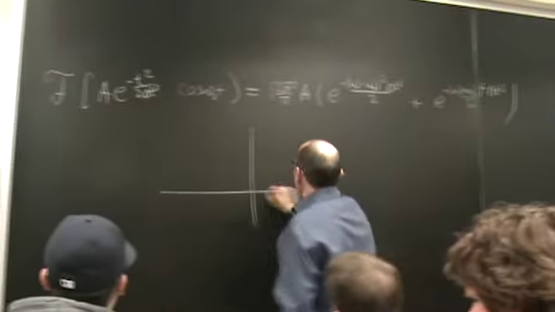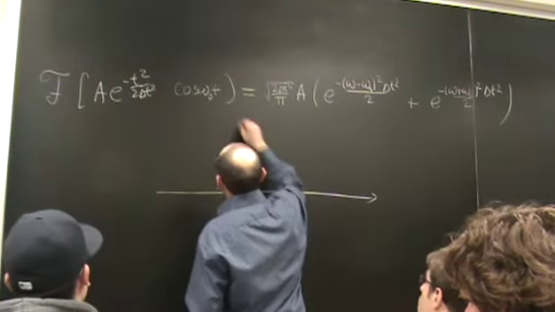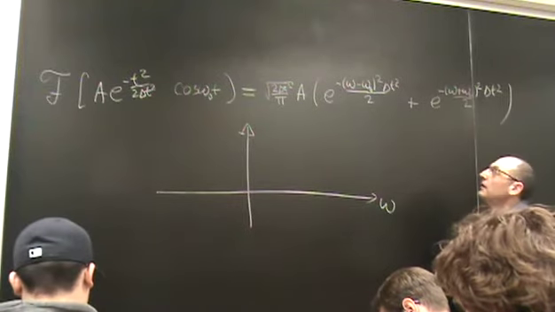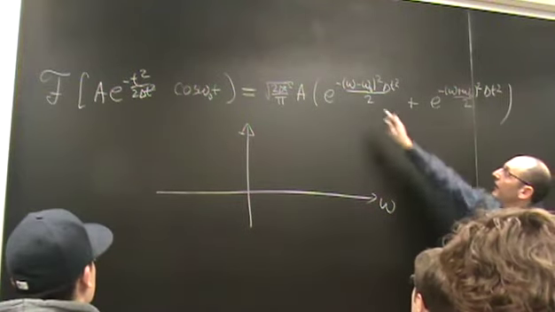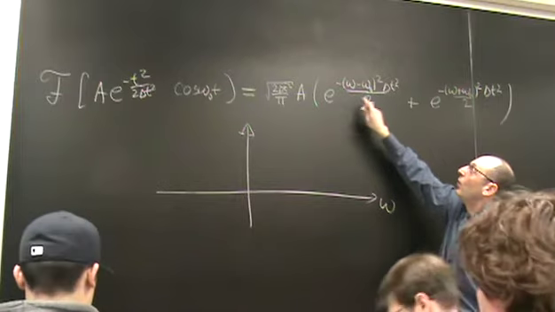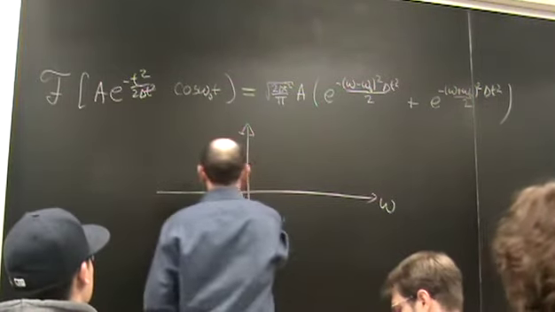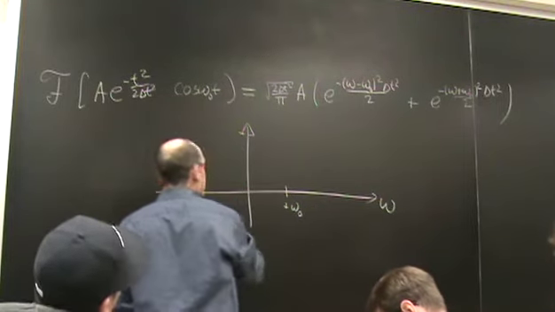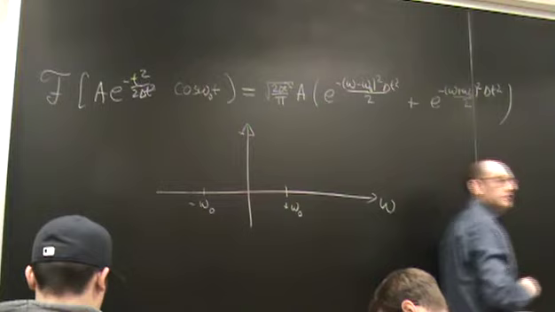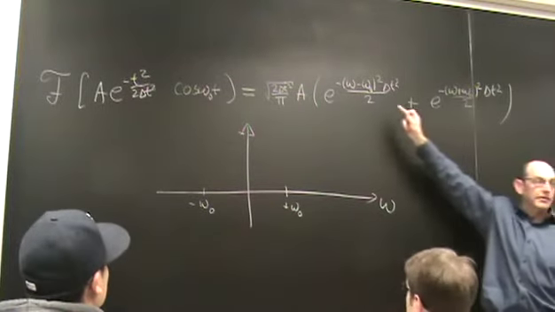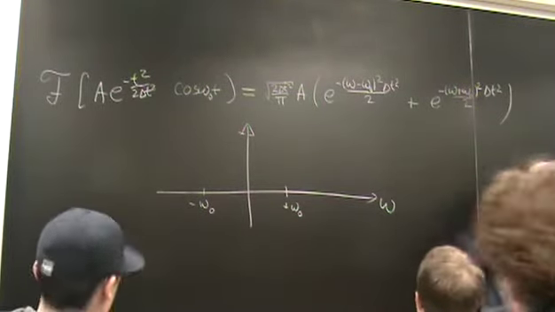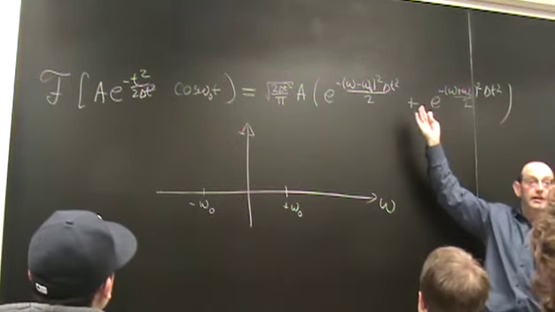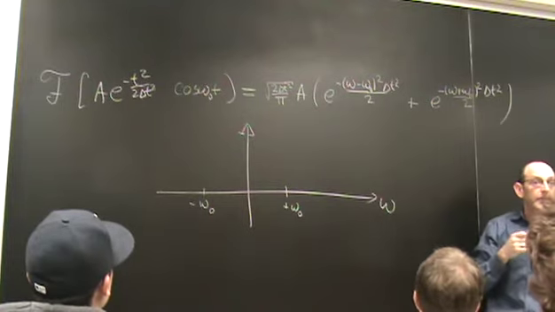What does the spectrum look like? If I plot this as a function of omega, it's two Gaussians in omega, one centered at plus omega naught, and one centered at minus omega naught. That's where the centers of these Gaussians are. And what is the width of each of these Gaussians? 1 over delta t, or the variance of 1 over delta t squared.